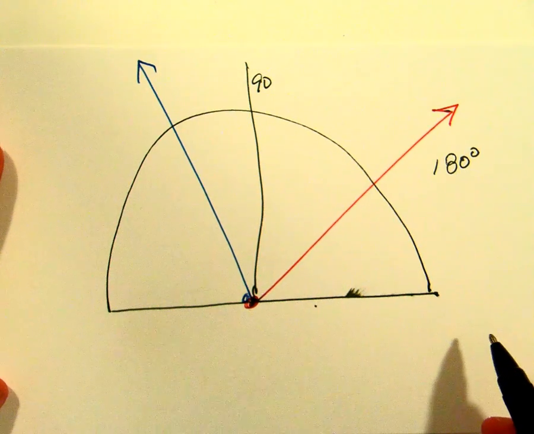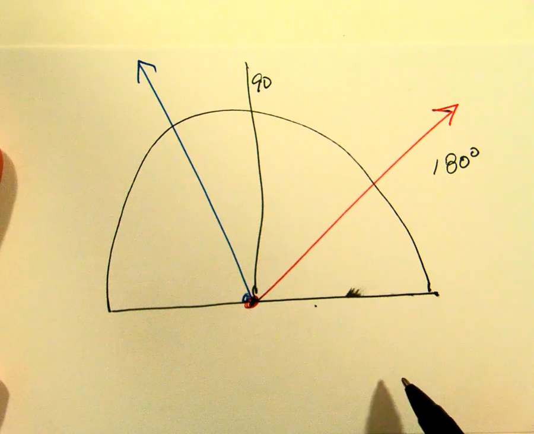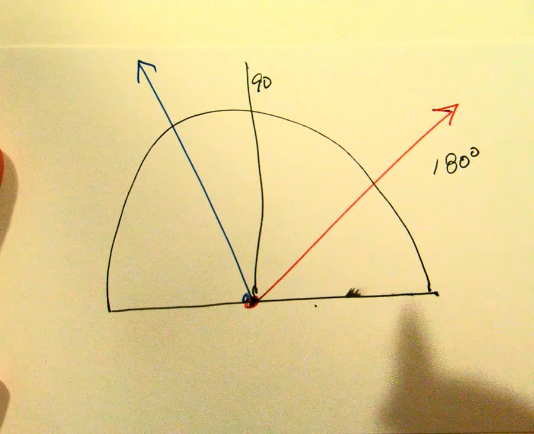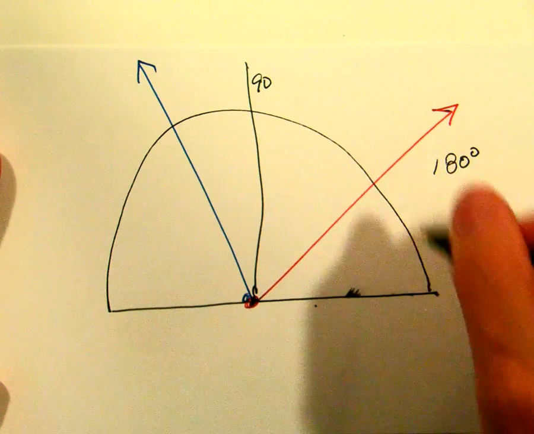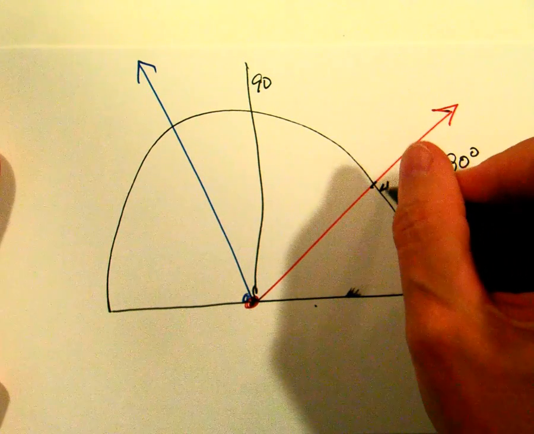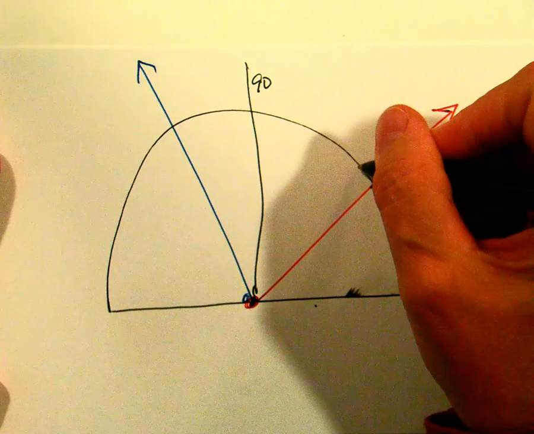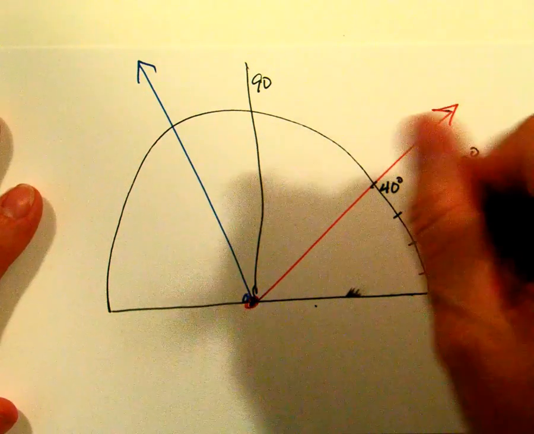Remember how I can make a ruler? Well, I can make a protractor. It's a pretty crooked looking protractor, but you'll get the idea. So if this is at 40 degrees, if I go 10, 20, 30, 40, let's say that this is at 40. Just like on the ruler, I measured out equal units.